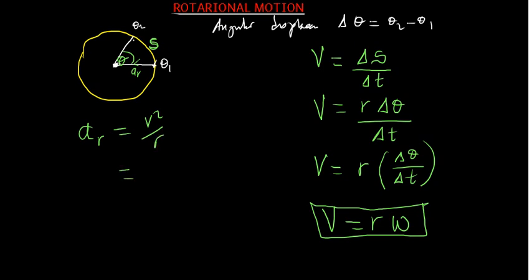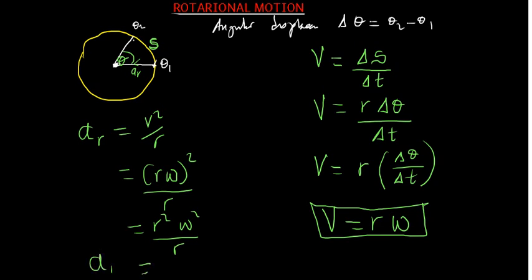Now we have just seen that the linear velocity is equal to angular velocity times the radius. So where there is v, I can put r omega, squared, divided by r. So this will give us r squared omega squared divided by r. So radial acceleration can also be found as r into r squared, that will just be r, then omega squared. So this is another formula that we get to use when we are talking about angular motion. Now a general description that we can give.